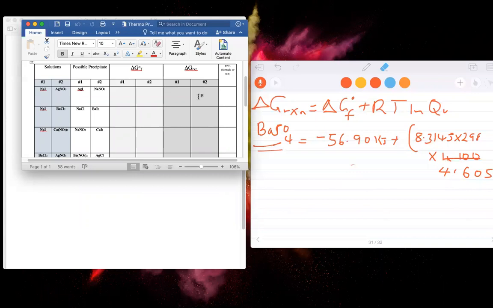And I have 11.176, so here it is minus 56.90 kilojoules, plus 11.176. So I'm just going to say minus 56.90 and I end up with negative 45.72 kilojoules. So I have this for salt number 1.